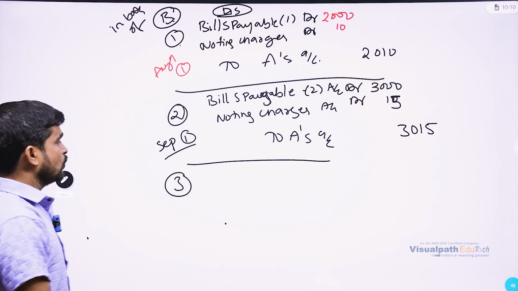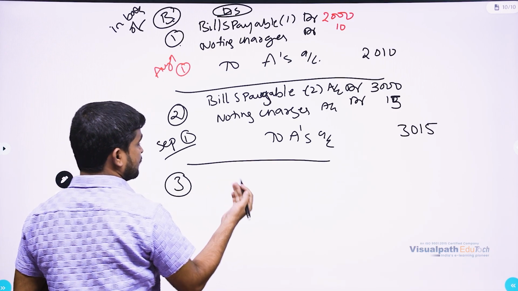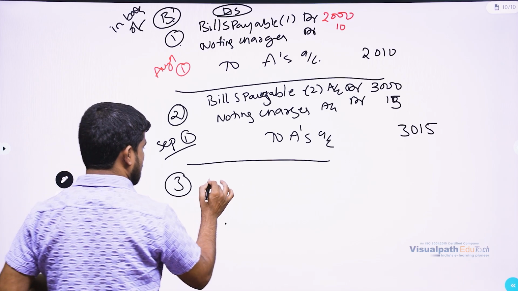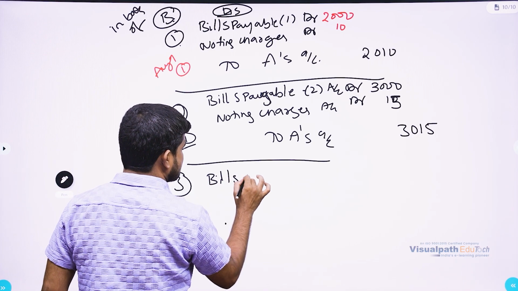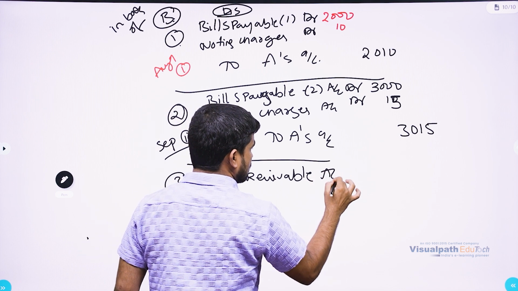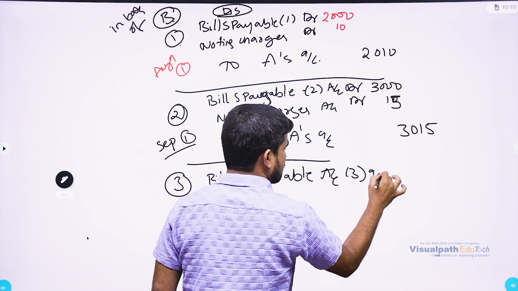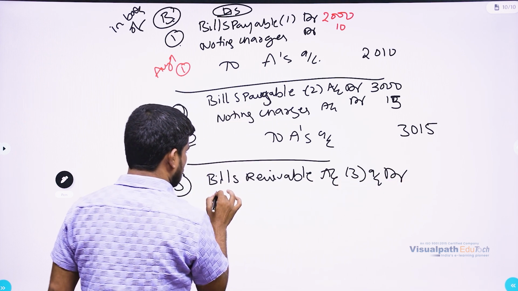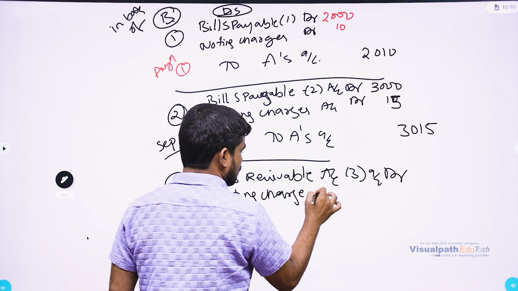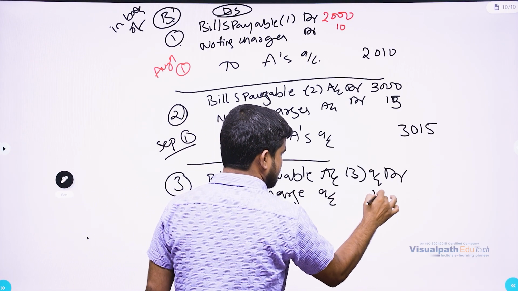Next, the third entry, when the bill is dishonored after 3 months, which was sent to bank for collection. Even if it is dishonored, the same entry will be recorded, which is bills receivable account, bill number 3, account debtor. Again, one more is there, noting charges, because on this third bill also we have to make the noting charges.